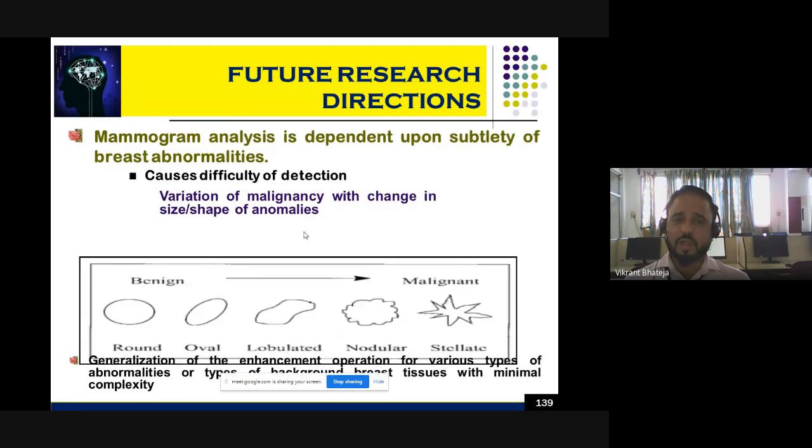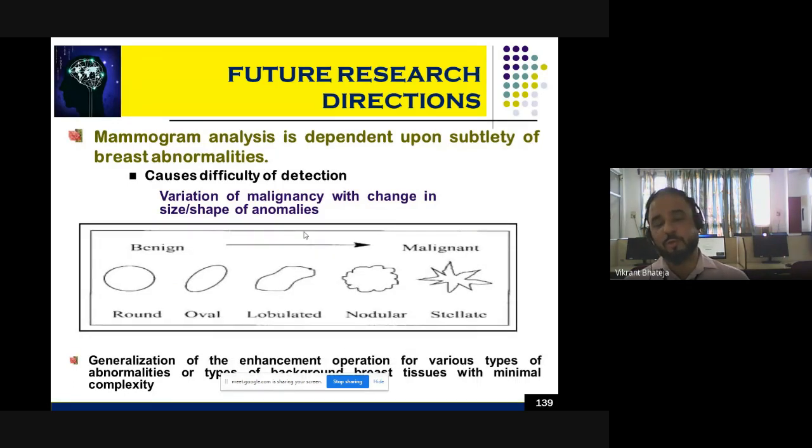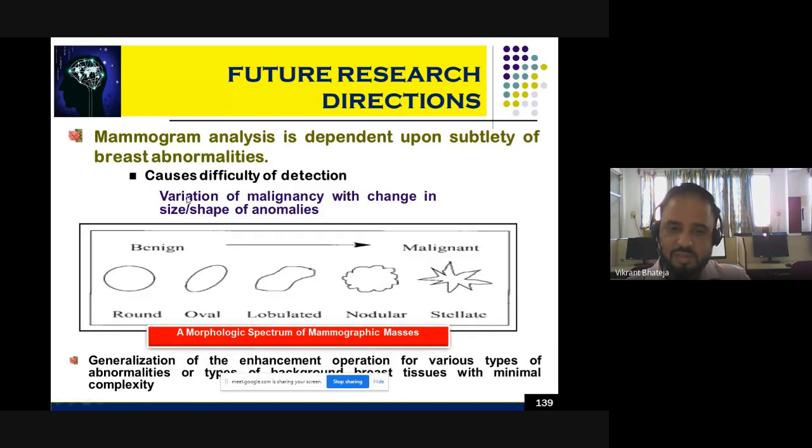Then another thing is that, as I told you, your edge enhancement or your sharpness detection should be very, very accurate, because this is how there are changes in stages of the tumor from the very original benign state to the malignant state. So your filter should be able to track these morphological changes in terms of edge enhancement or edge detection. So this is one area in which more research can be done in this particular domain.